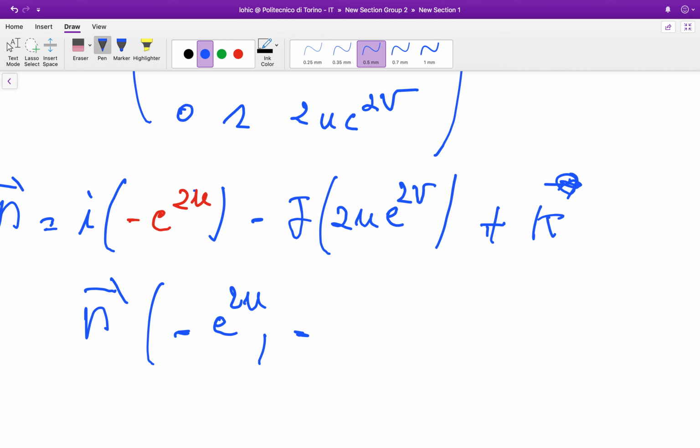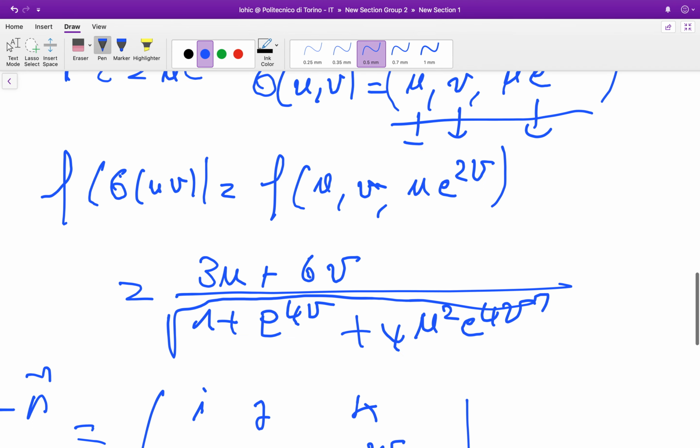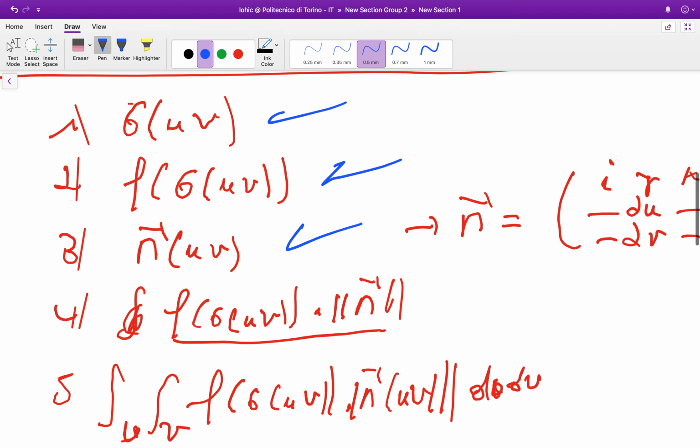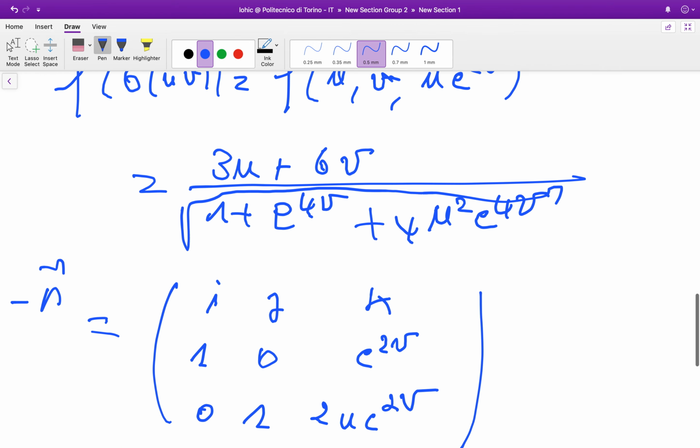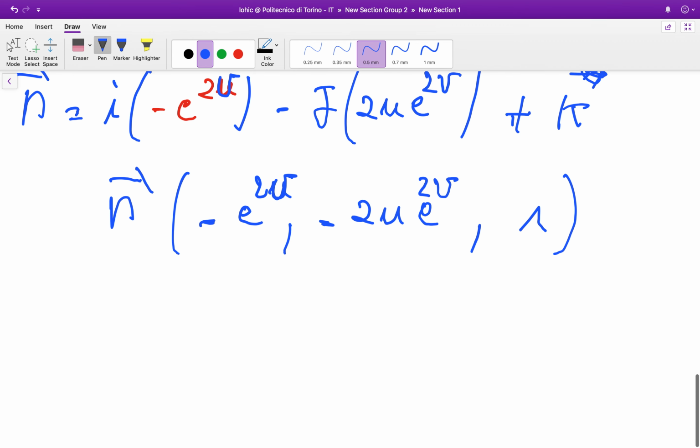Okay, so this was v, so it is going to be 2u exponential of 2v and comma 1. Now look, we need to multiply the function by the modulus of n. So I need the modulus of n, right?